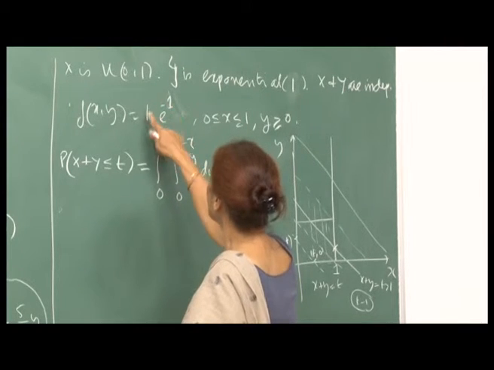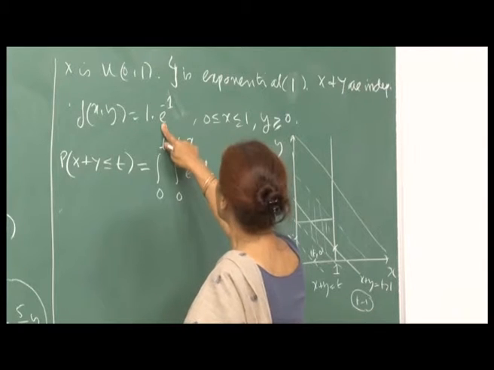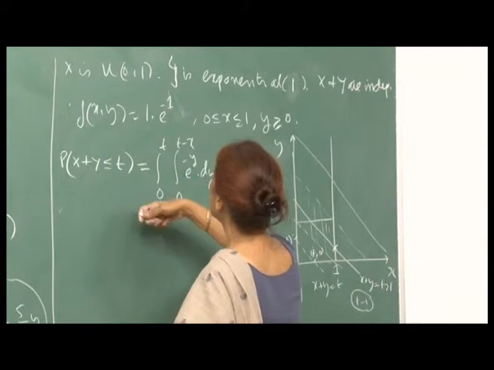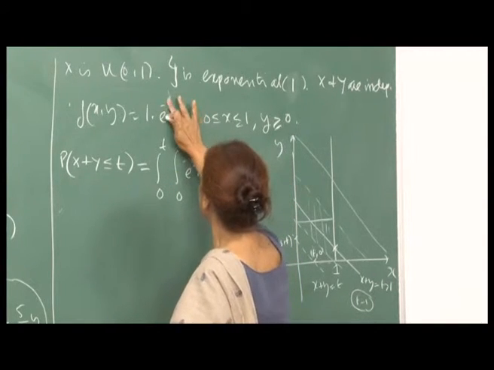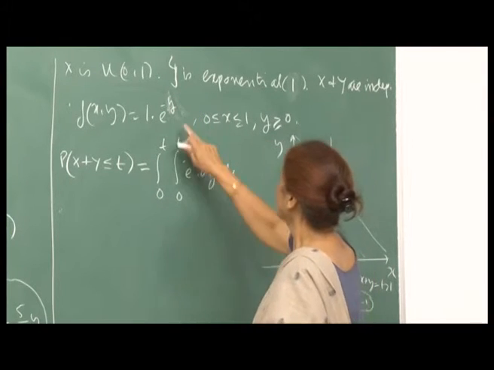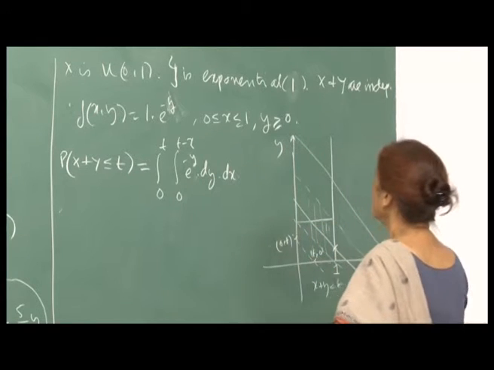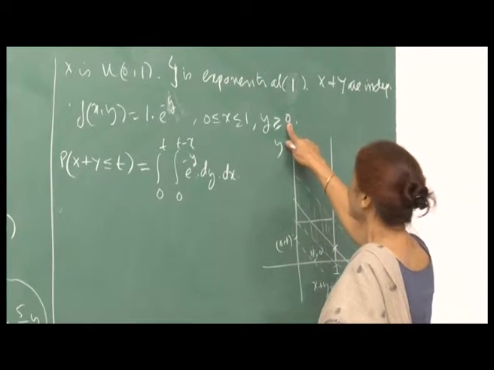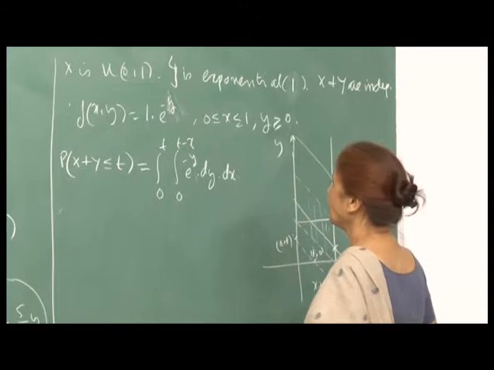For the uniform it is 1, and for the exponential it is e raised to minus y. So, y varies from 0 to infinity, and x is between 0 and 1.